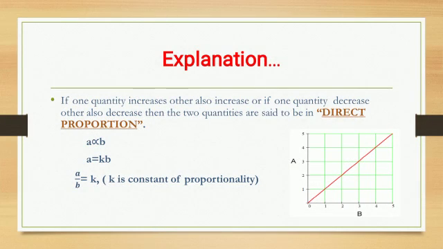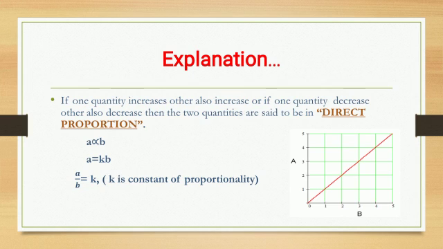If one quantity increases, the other also increases, or if one quantity decreases, the other also decreases, then the 2 quantities are said to be in direct proportion. Wherever in your general life you get this type of changes, the 2 quantities are said to be in direct proportion.